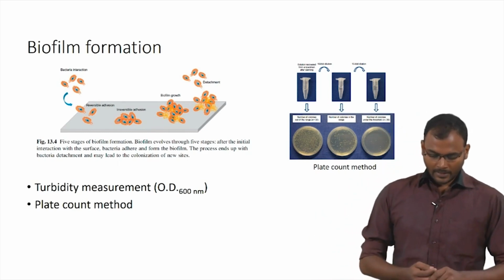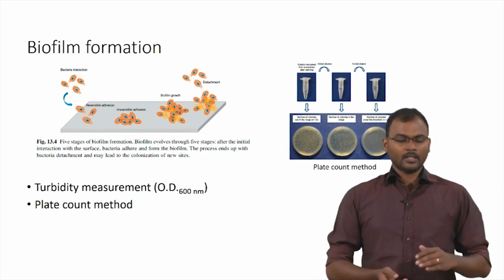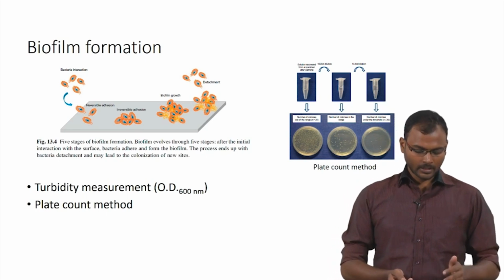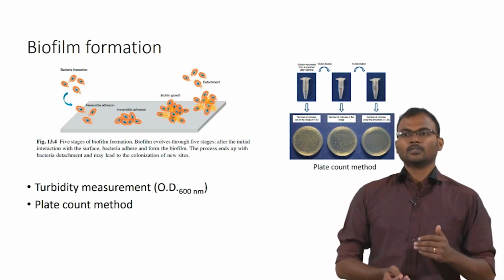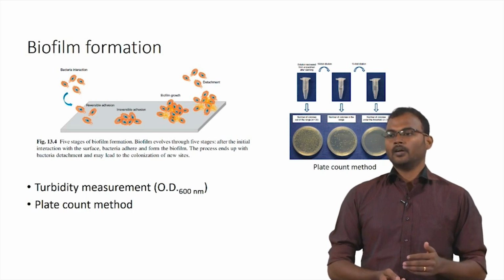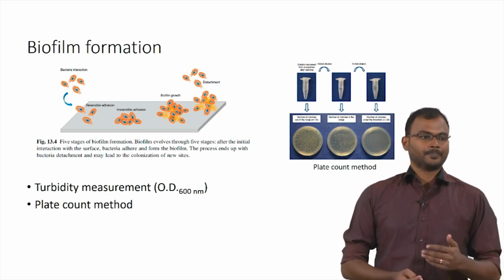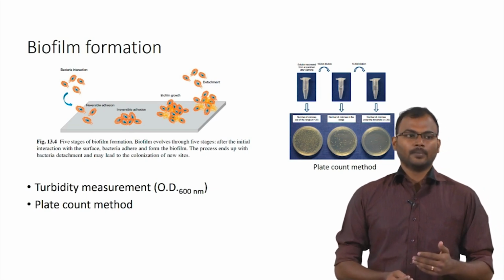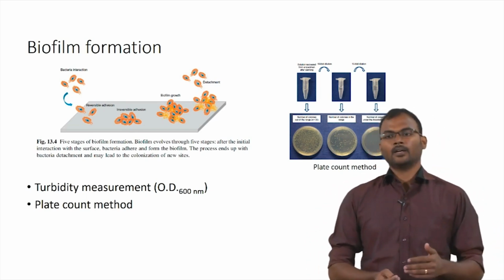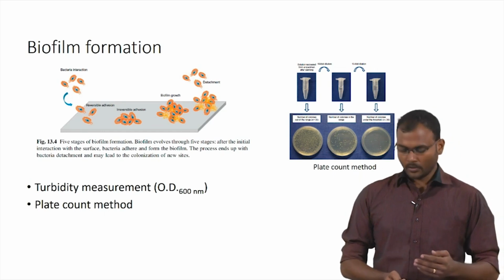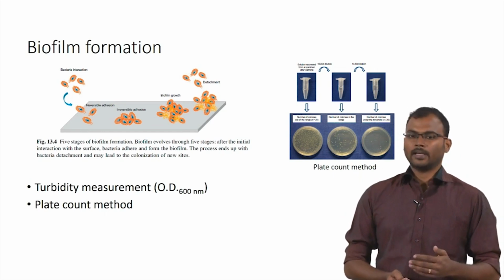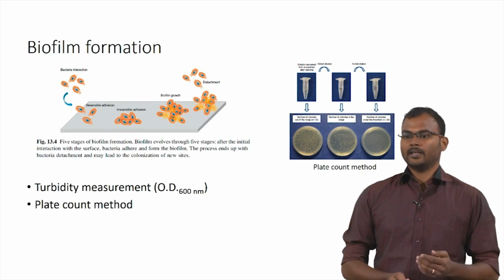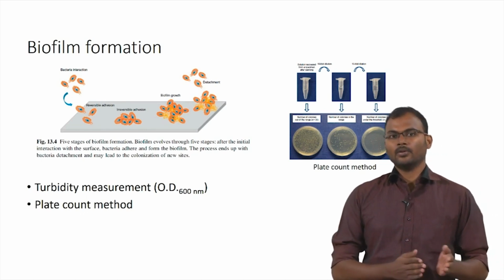For biofilm estimation, there are two basic methods. One is turbidimetry measurement and the other is plate count measurement. In turbidimetry measurement, you measure the number of bacterial cells based on the turbidity observed at an OD of 600 nanometers. It is a standard for observing bacteria, and you can estimate the amount of bacteria. You have a control and your sample.